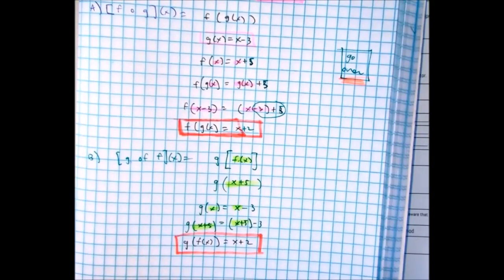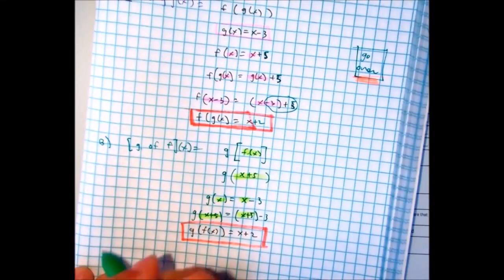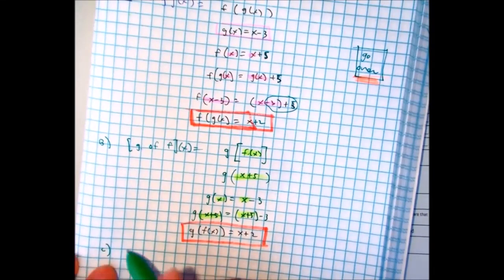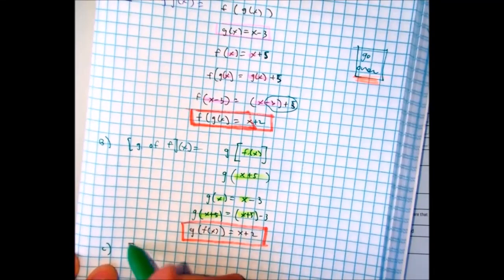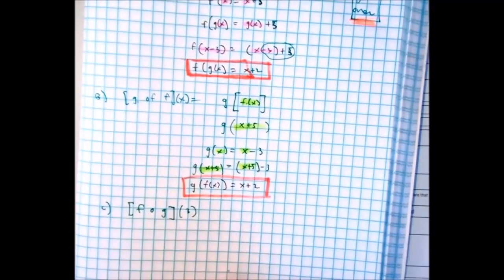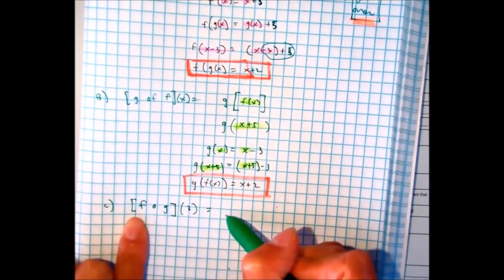And the last one, C, says f of g of 3. So let's write that in function notation. I'm going to take the function of f.